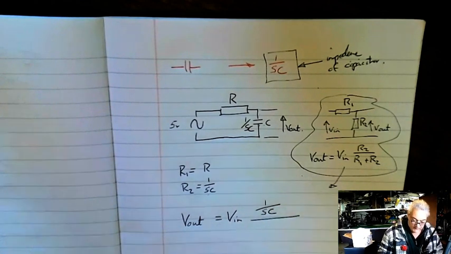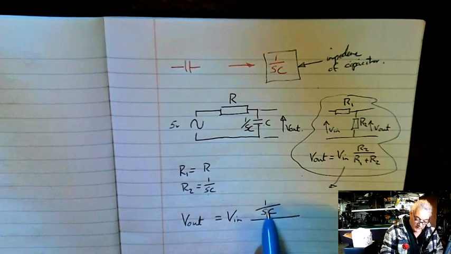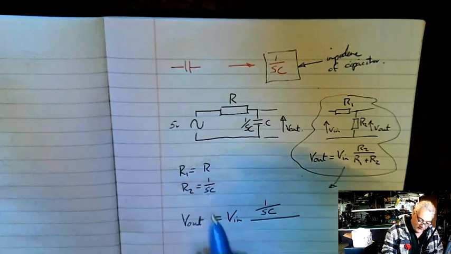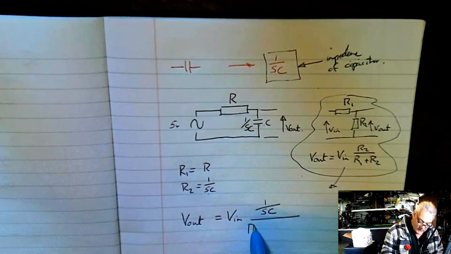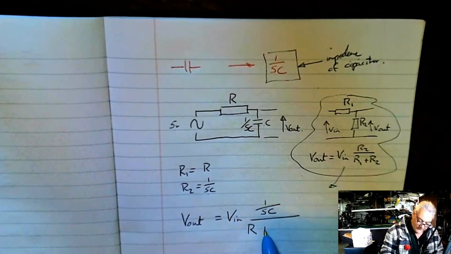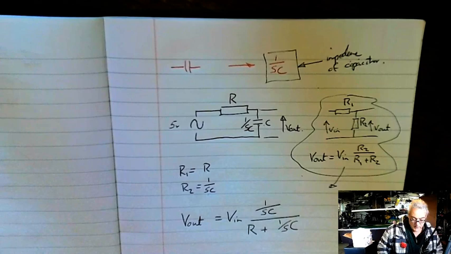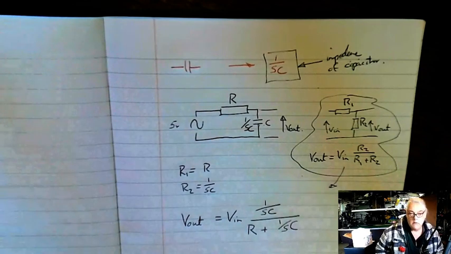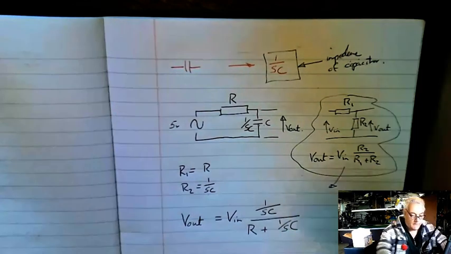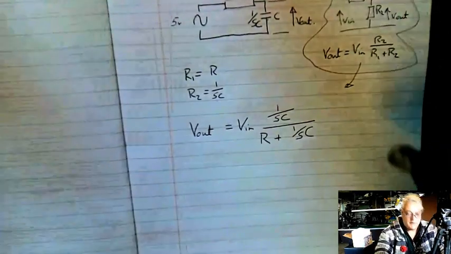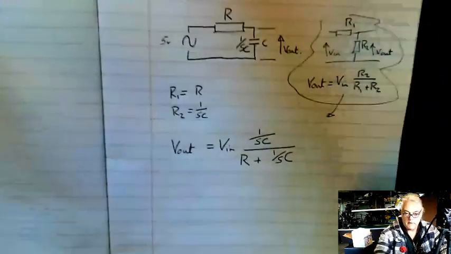We need to tidy them up afterwards, but they're okay at the moment. 1 upon SC upon R1, which is an R of course, R plus 1 upon SC. Okay, messy. I've seen tidier equations. Let's just move the camera across a little bit. What can we do with that? Well, of course we can tidy that up.